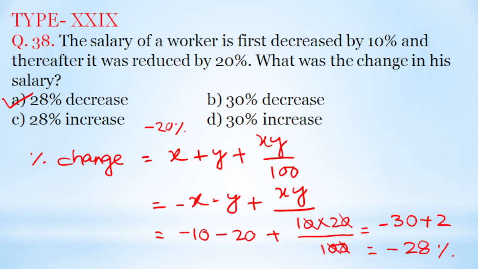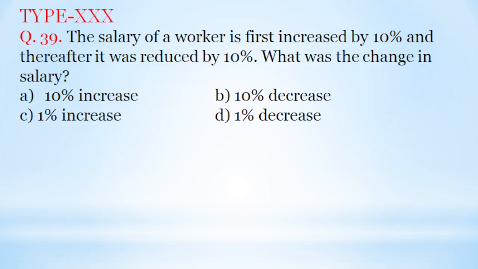Now next question, that is type 30, question number 39. Here the salary of a worker is first increased by 10% and thereafter it was reduced by 10%. What was the change in salary?